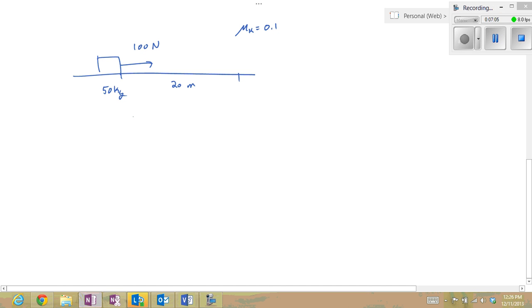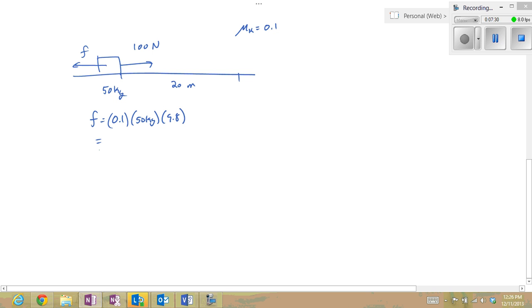So again, here I'm going to work out my energy equation, but I now need to represent that there's a friction force present operating in opposition to my pulling here. So that friction force is going to equal 0.1 times the normal force, which is going to be 50 kilograms times 9.8.